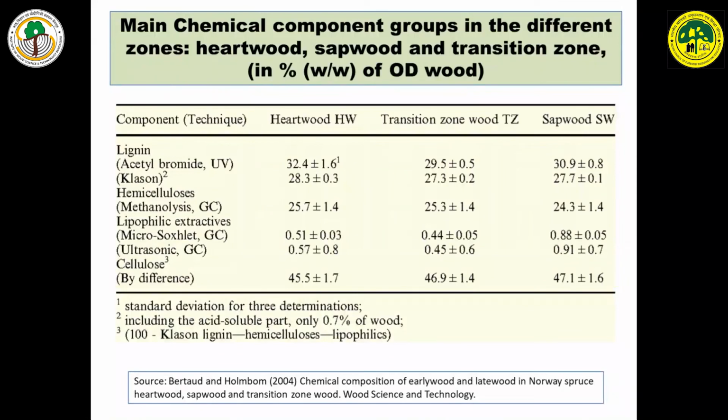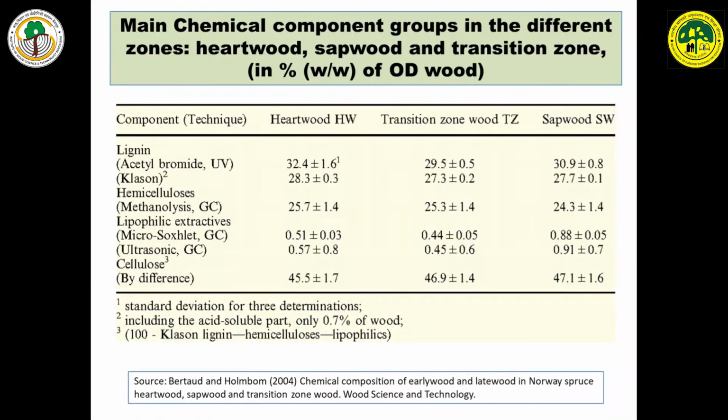Here, for the sapwood, heartwood, as well as the transition zone, all three zones, the chemical constituents were determined. So, see, lignin was 32.4% in the case of heartwood, whereas in sapwood it was 30.9%.